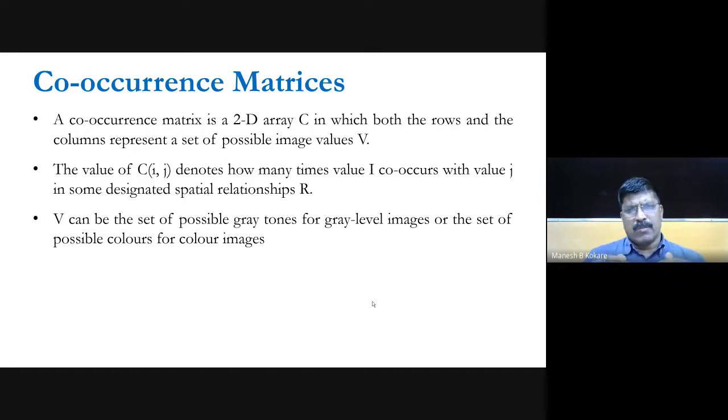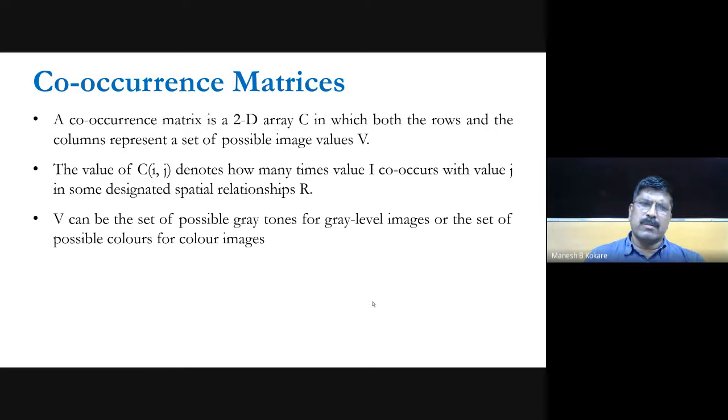So V can be the set of possible gray tones; as I said, in the case of gray level, it is the set of 0 to 255 gray levels in the image. Then we can establish the relation, and based on that relation we can find the co-occurrence matrix, how the values of I and J change according to that relation.